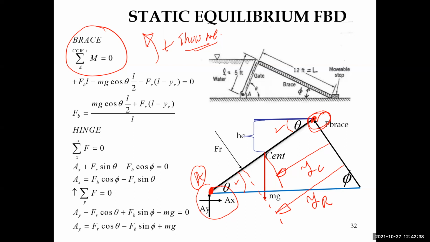It's the perpendicular distance between the line of action of the force and the point of rotation. So if this is the force of the brace, this is the line of action of that force. This brace is going to act perpendicular to that gate.